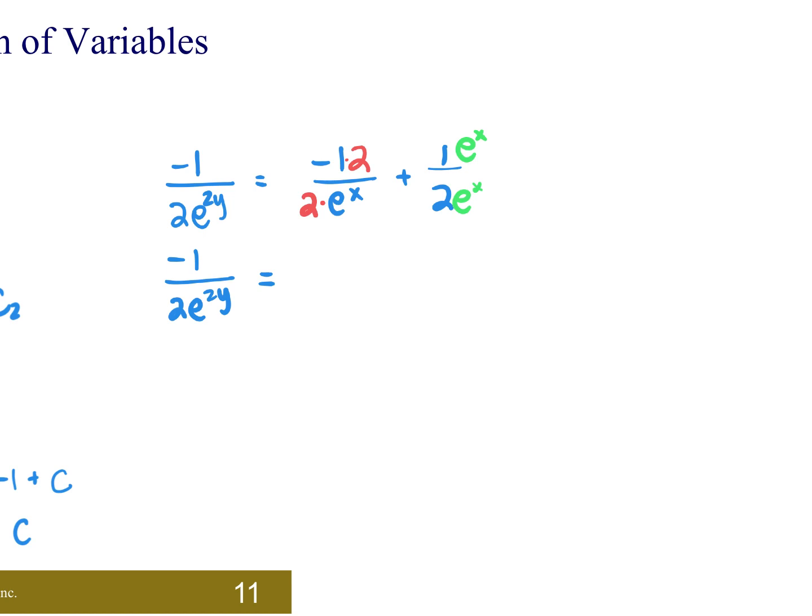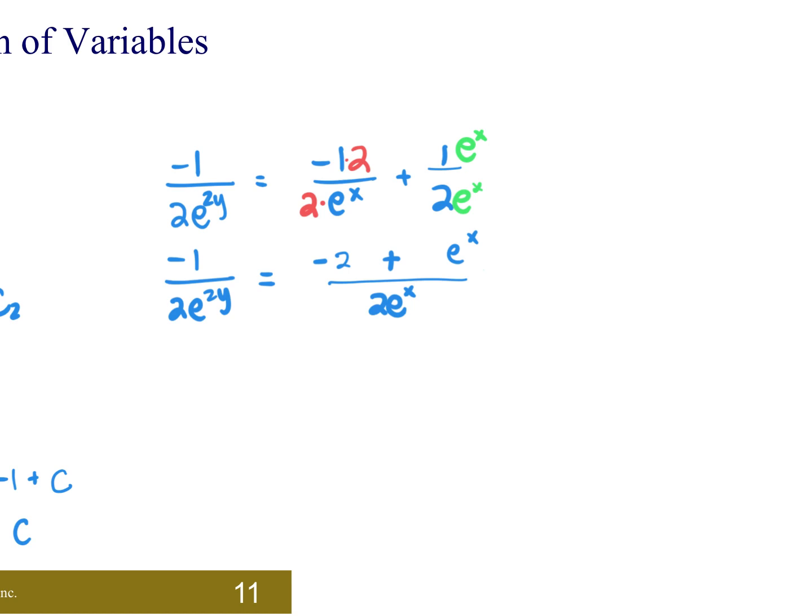So I'm going to have negative 2 over 2e to the x, and then I'm going to have e to the x over 2e to the x. And getting that common denominator will allow me then to consolidate the two terms into one. So that's my next step, is I'm going to say, all right, plus, and then they share the denominator, 2e to the x.